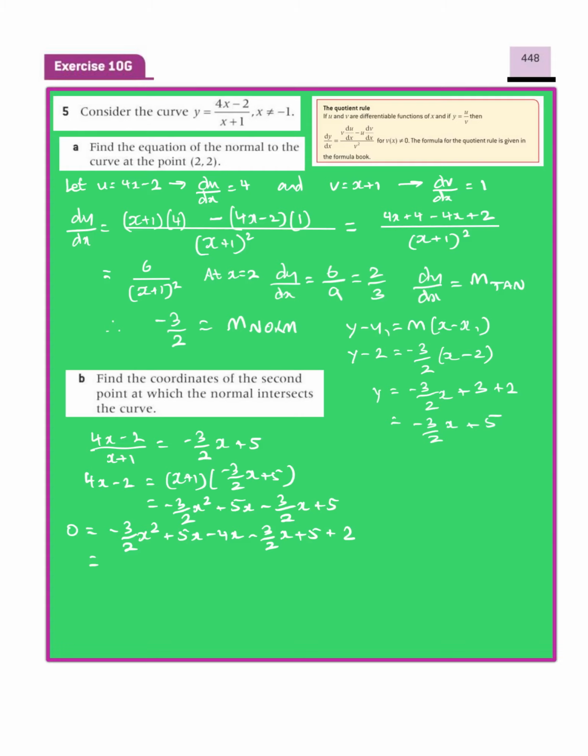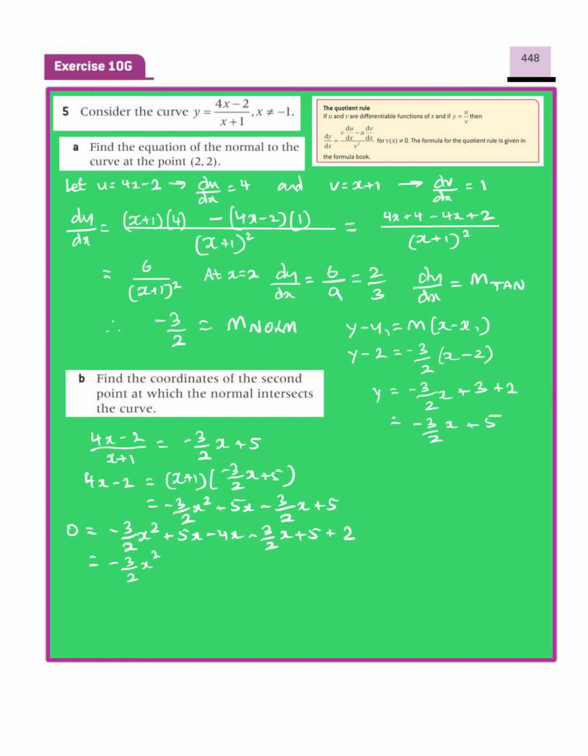Now these terms, plus 5x minus 4x is x, minus 3 on 2 x, so there'd be minus a half x here. Minus a half x plus 7. Now we have to solve that. Let's multiply everything by 2. So 0 equals minus 3x squared minus x plus 14.